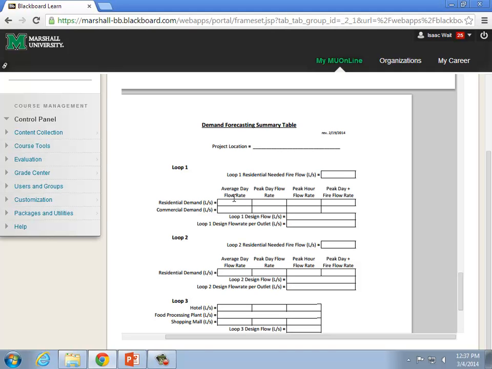And so 1.8, that's the ratio of the average flow rate on the peak day to the average flow rate on the average day. Okay, so the way that you get this field is to multiply that by 1.8.